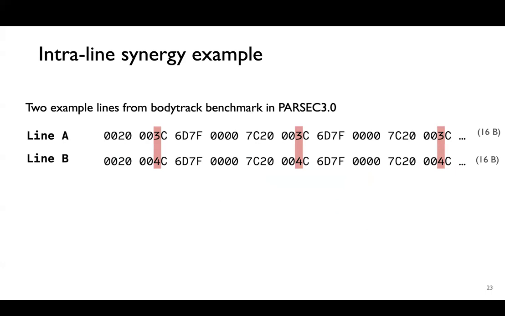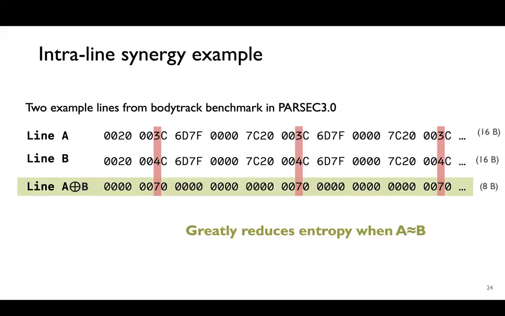Let's see a concrete example here. So here are two sample lines from running the bodytrack benchmark. They are almost identical, with just a few bits of difference.